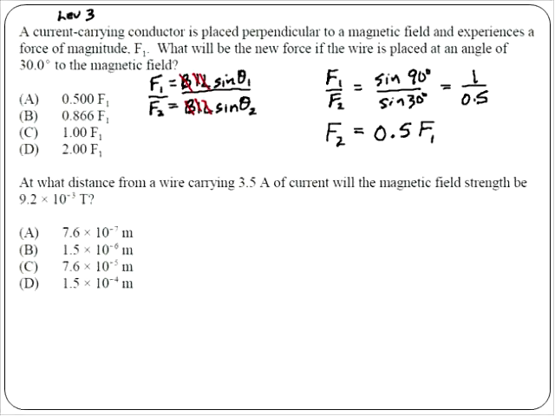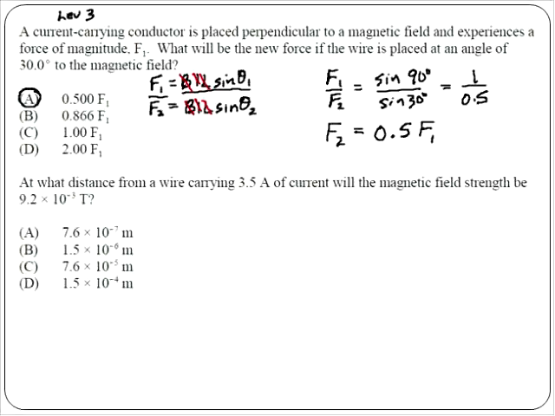So there you go. There's the new force. The new force, F2, equals half of the original force, because the sine of 30 is a half. So whatever the original force was, F2 is going to be half of that. So the answer here is A. Now that was a level 3 question. And once you know how to do it, it seems really simple.